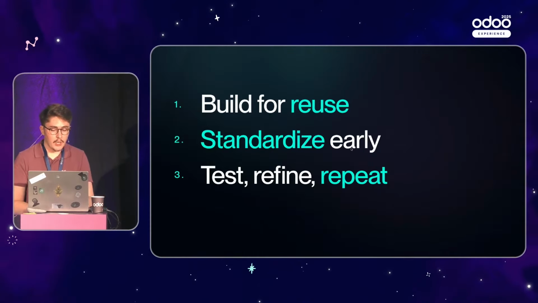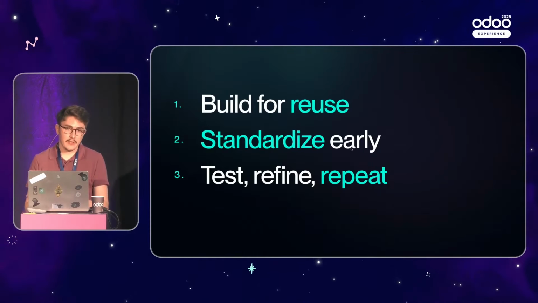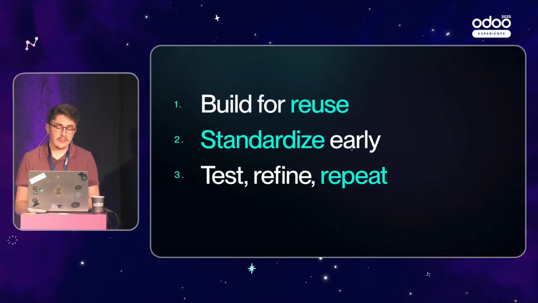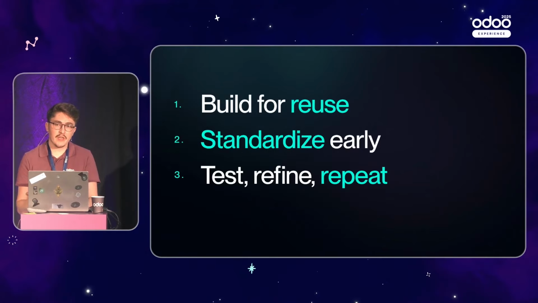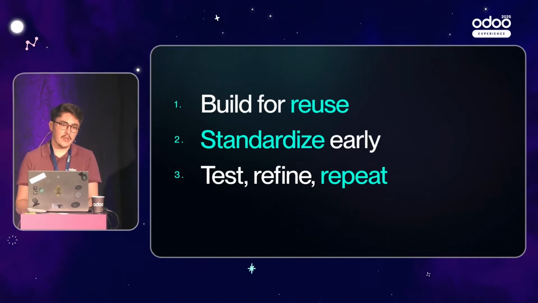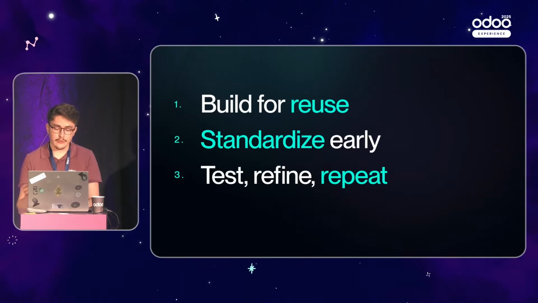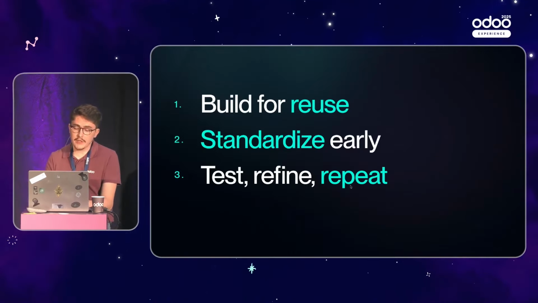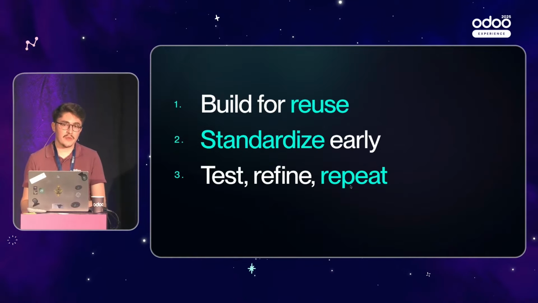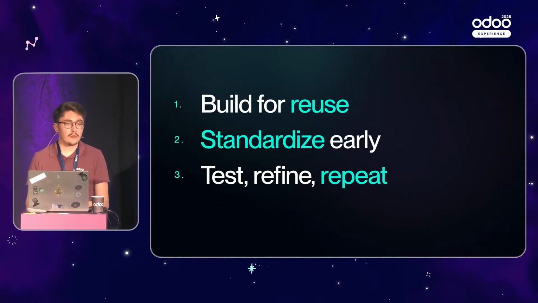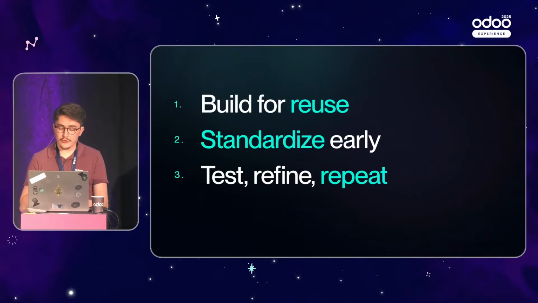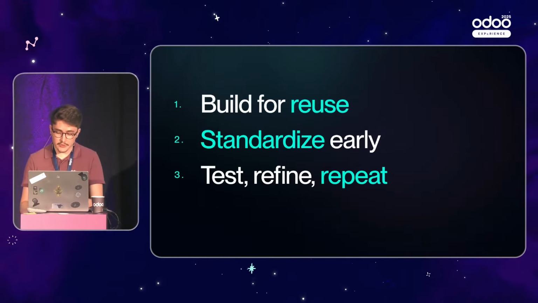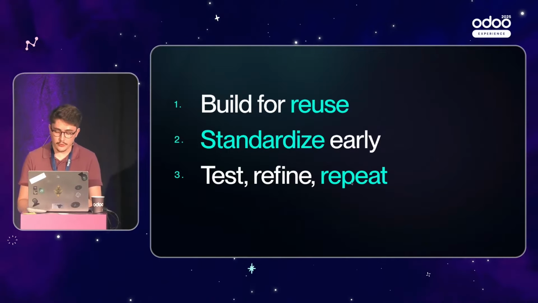Standardize early. You don't want to reinvent the wheel. If you have something in your system that is similar or doing something quite identical, I cannot say anything else than try to reuse it. And then try to see what can be adapted, added, removed, or whatever. And the last thing is to test, to refine, and to repeat. You cannot come up with something perfect in the first iteration, so you will need to test, refine, and repeat. But it's fine, it's part of the process, and this is something we apply at Odoo as well.